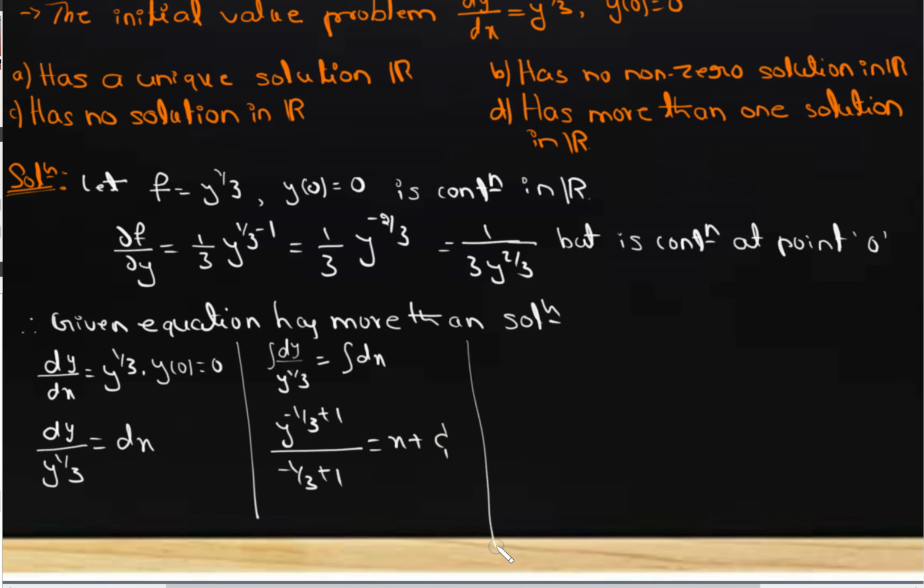Now once again it will become 3 by 2 y to the power 2 by 3 is equal to x plus c.